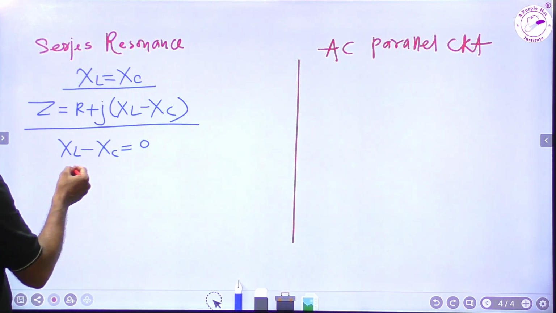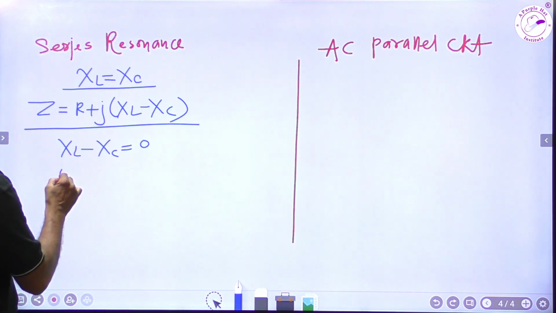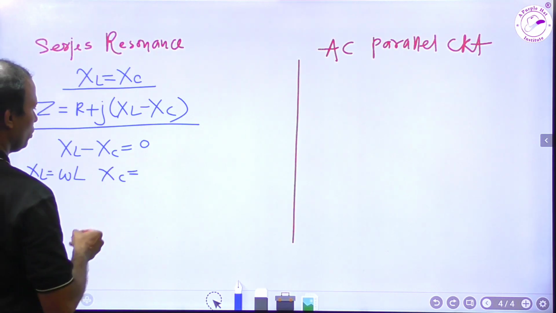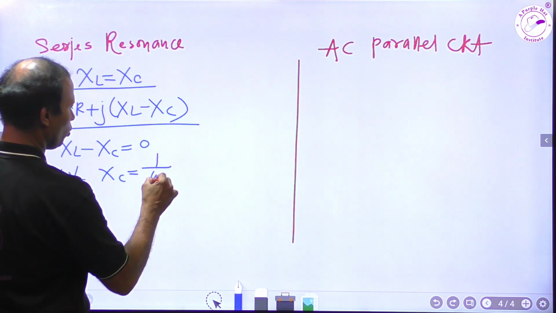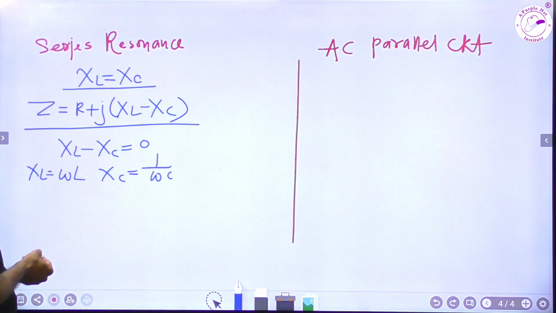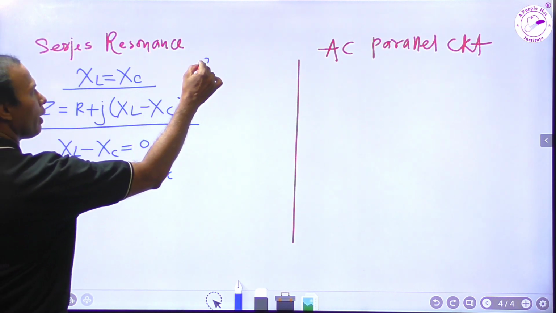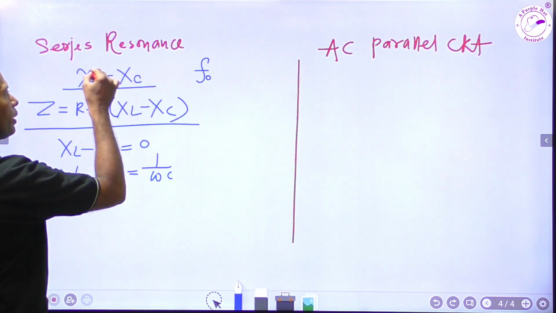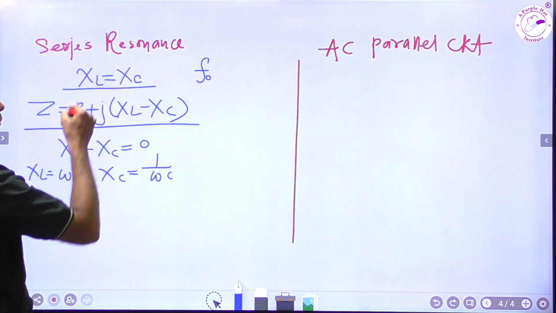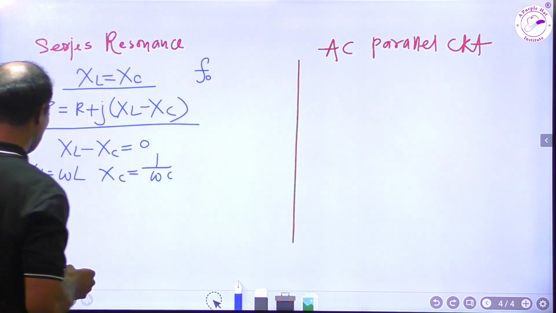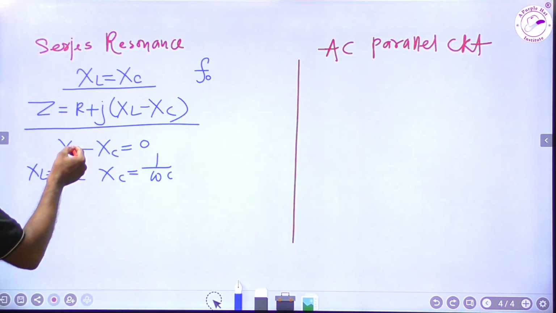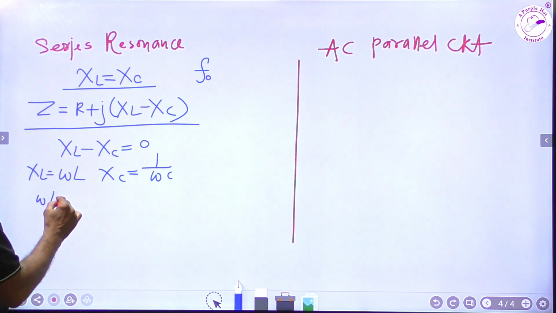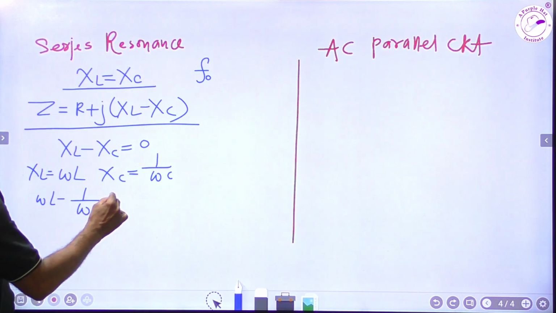XL is equal to omega L, and XC is equal to 1 upon omega C. I am trying to find the frequency at which the inductive reactance and capacitive reactance are the same. So I substitute the inductive reactance here and the capacitive reactance here: omega L minus 1 upon omega C equal to 0.